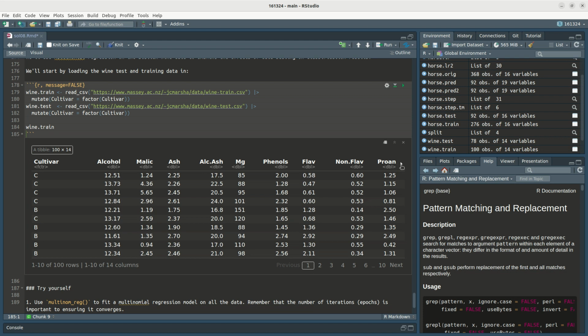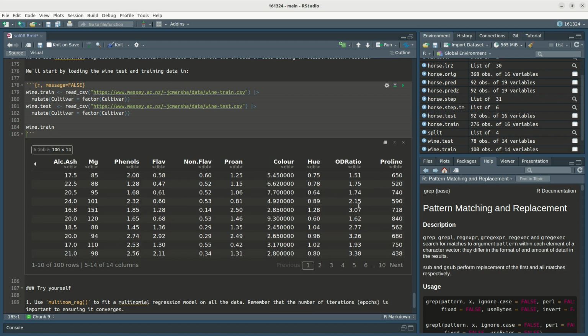So when I fit a multinomial regression, I'm going to want to scale the data because it's using the neural network package to do the fitting, and therefore there's that exponentiation step that is done in the sigmoid function, and if the predictors are on vastly different scales, then that can lead to numerical issues.